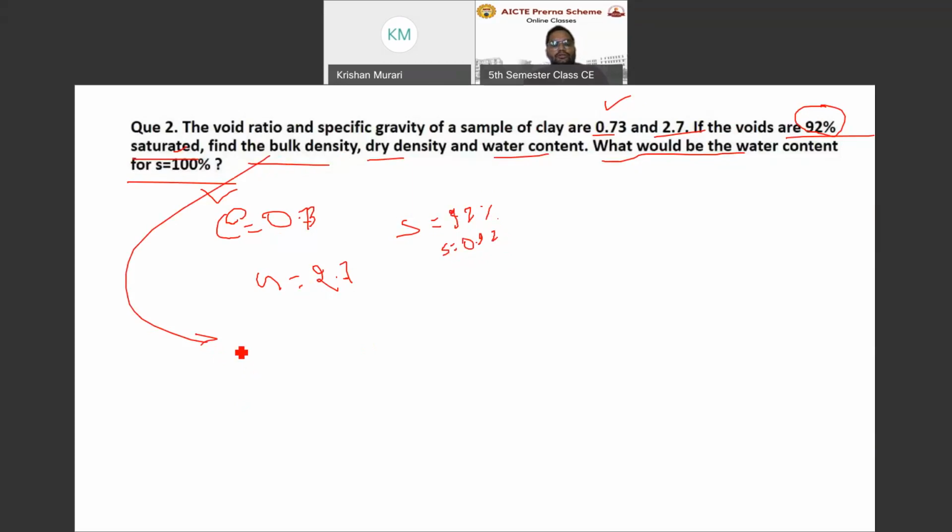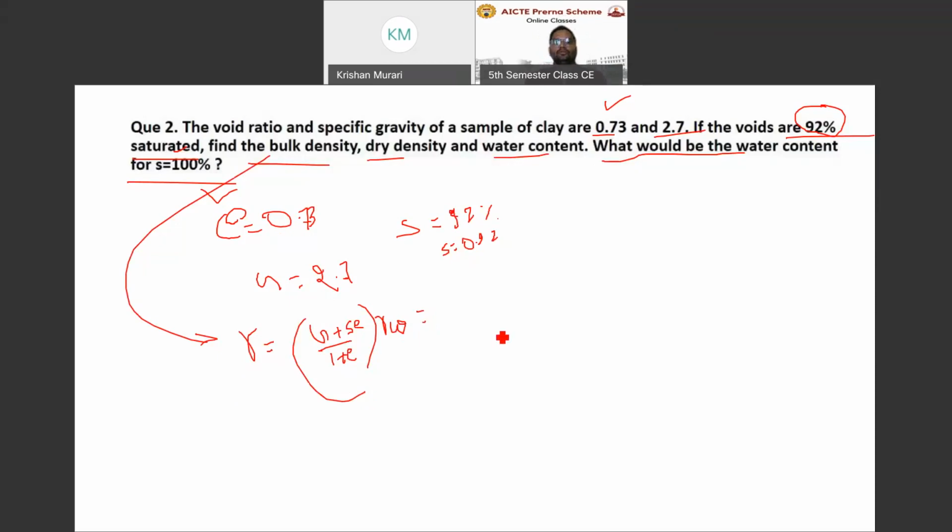So you know the formula of bulk density: gamma equals (G plus Se) upon (1 plus e) into the unit weight of water. Here all the data is given to you. G is there, S is there, e is there.